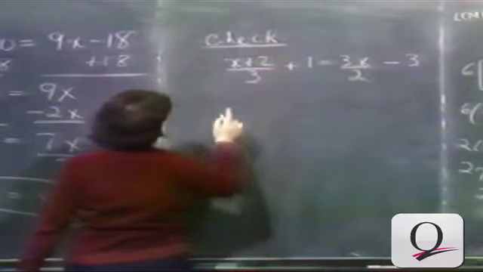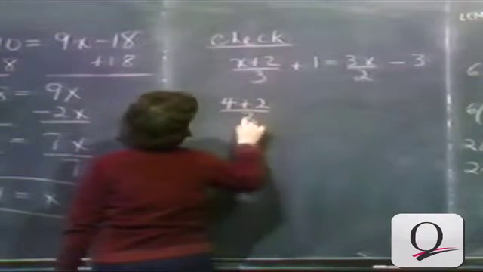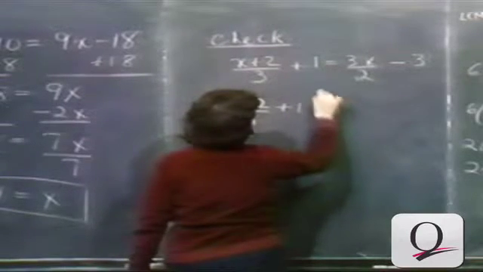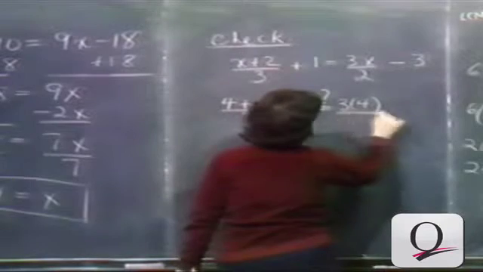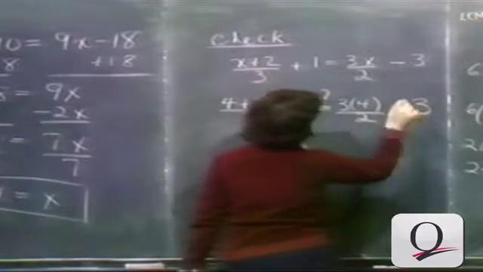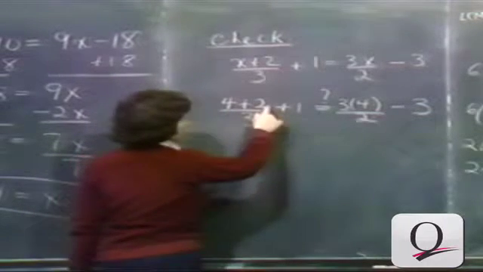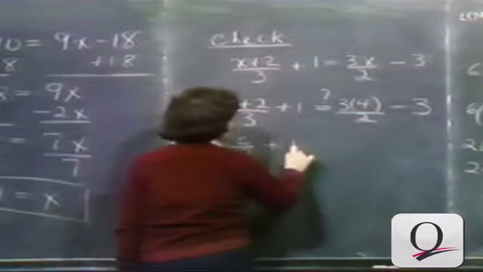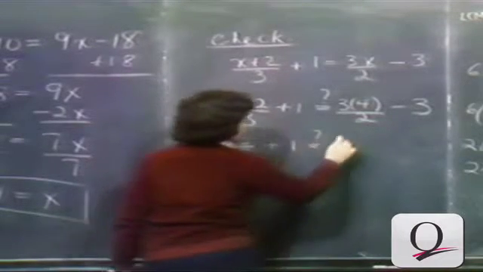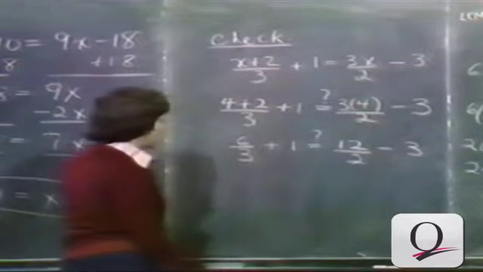So we get 4 plus 2 over 3 plus 1 should be equal to 3 times 4 over 2 minus 3. 4 plus 2, that's 6, over 3 plus 1 should be equal to 12 over 2 minus 3.